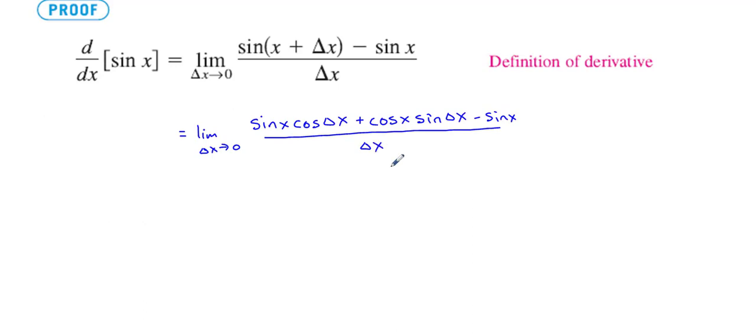All right, here's the deal, guys. We have sines and cosines and stuff. We have to remember our special limits. What is sine x over x equal to, the limit as x goes to 0? 1. Okay, how about the cosine one? What does the cosine one look like? It equals 0, but what is it? What is it?